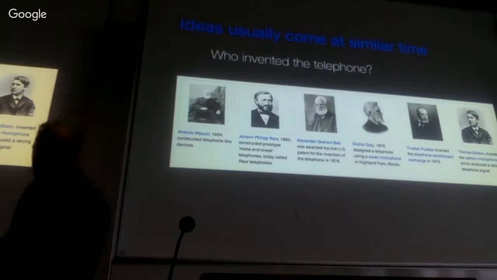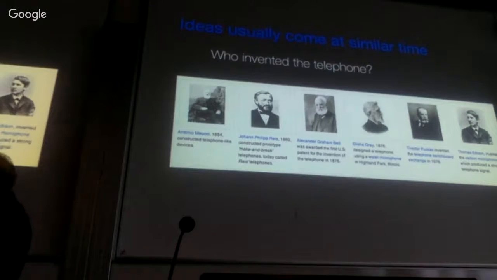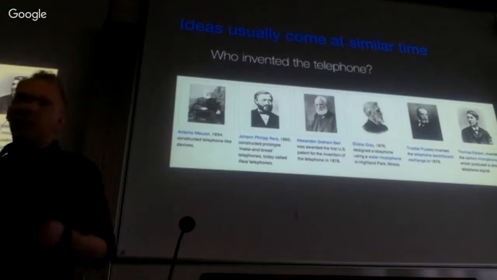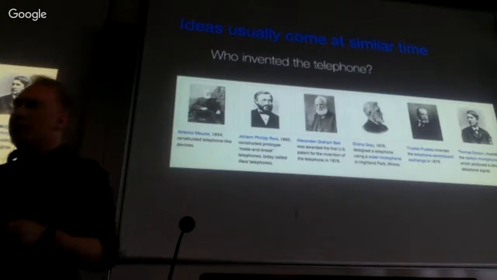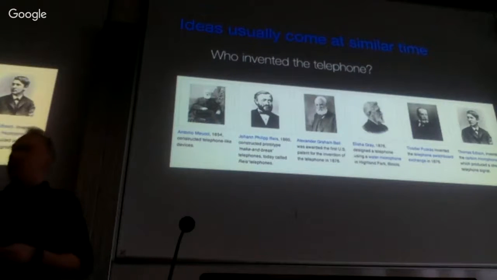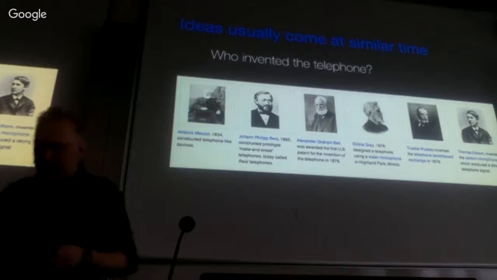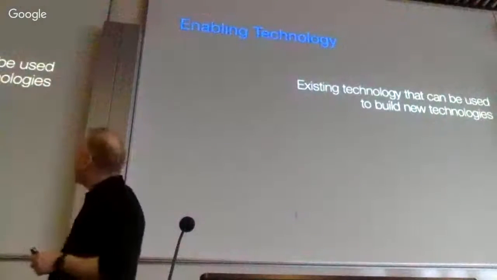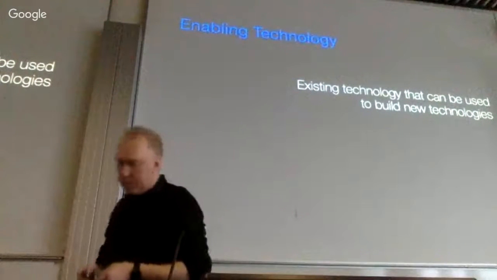And then other people like Edison were improving on this. So a lot of people were working on this at this time because all the enabling technologies were ready. Bell got a patent, so he owned the invention. And for 17 years, he had the rights to the telephone. Nobody else could sell telephones. So existing technologies can be used to build new technology.